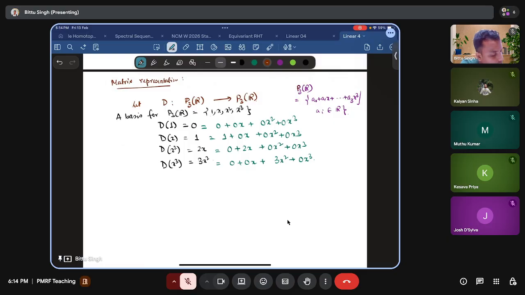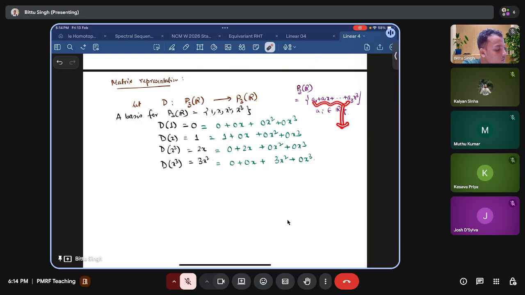Now we can write, so what does matrix representation mean? Matrix representation is how the coordinates get mapped. That is, if you give me the coordinate of some vector, for example here the coordinate is a0, a1, a2, a3 with respect to this basis B. So matrix representation tells how this coordinate maps to the coordinate of the image.